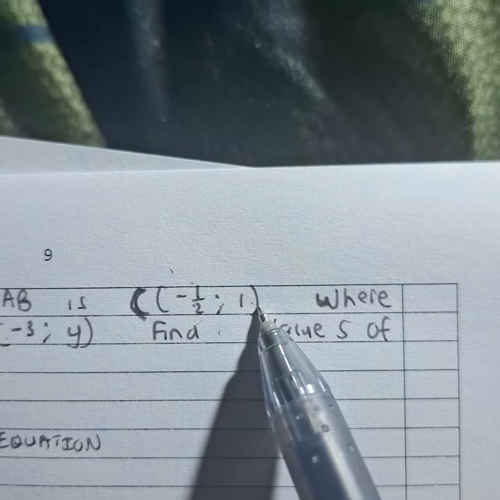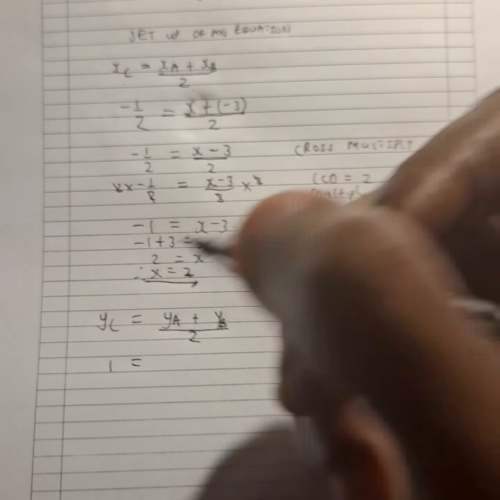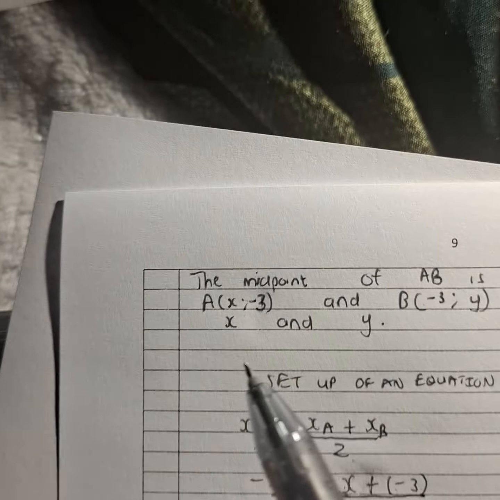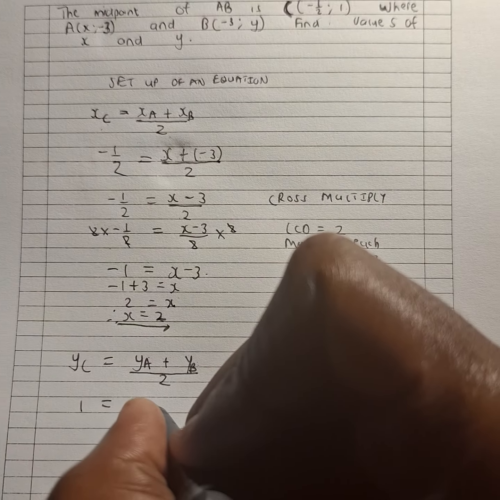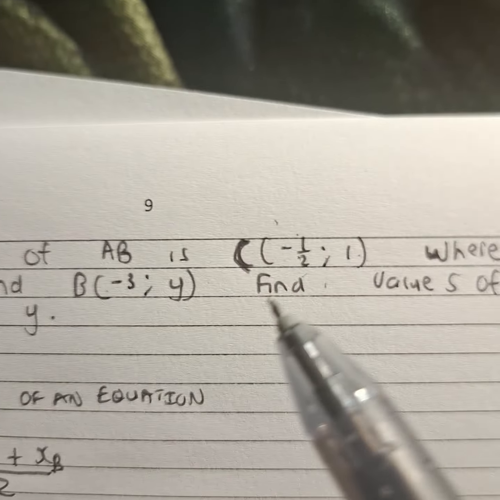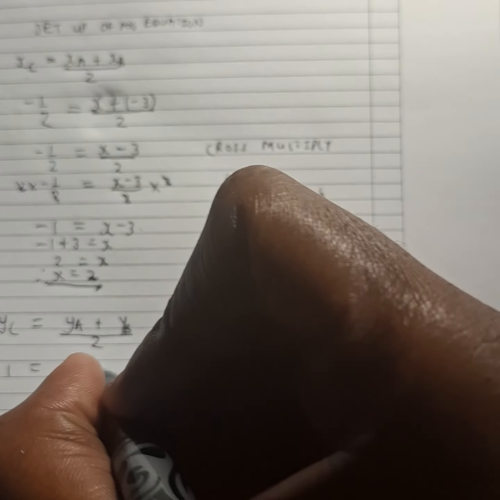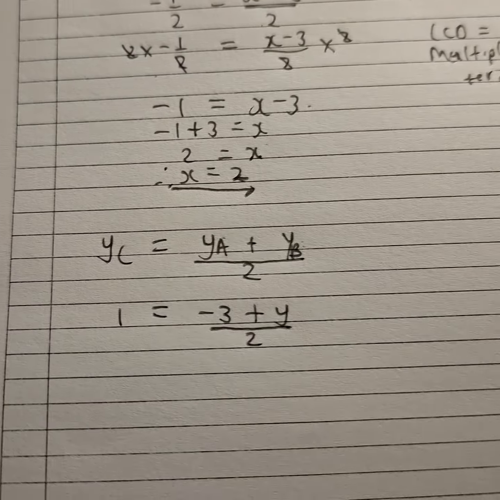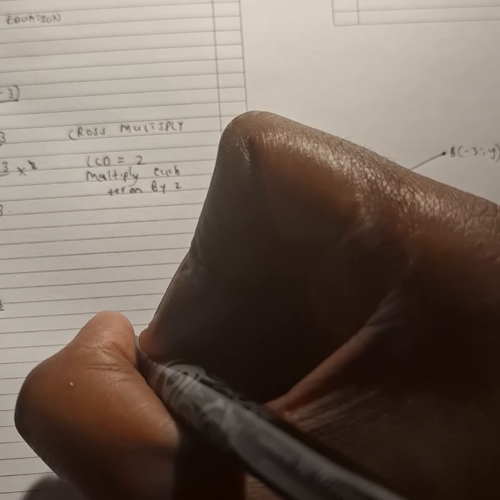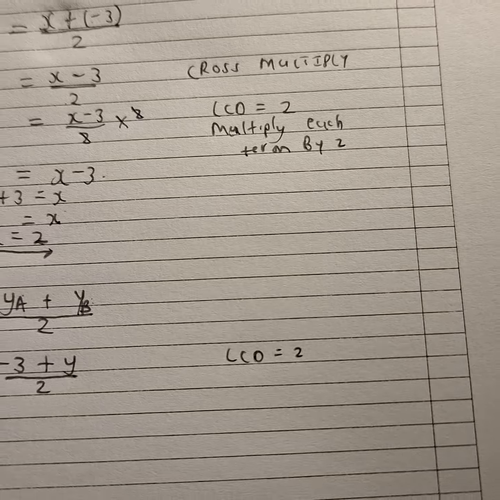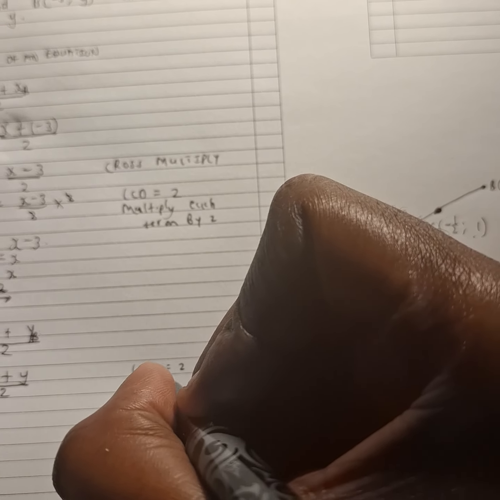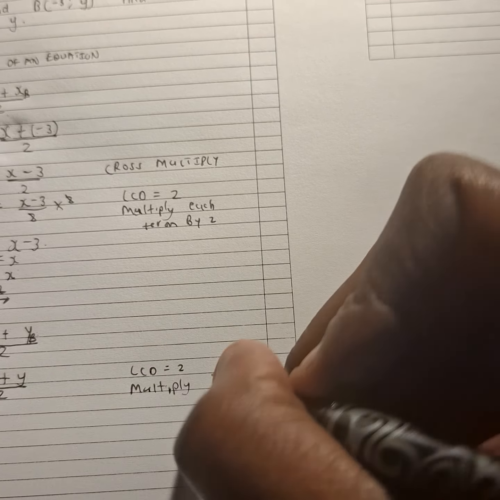What is the y coordinate of C? It is 1. What is the y coordinate of A? It is negative 3. What is the y coordinate of B? Plus y, divided by 2. My LCD for the equation is 2, which means I'm going to multiply each term by 2.